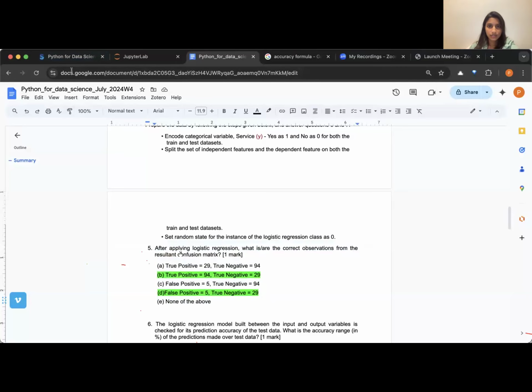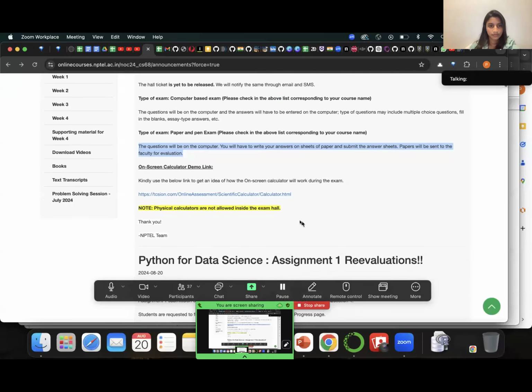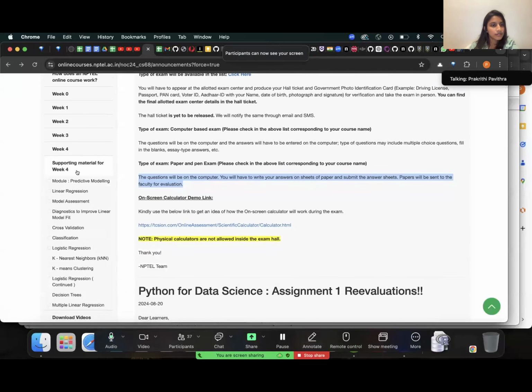I was trying to look for materials to read. Here, you cannot see my screen. There's supporting material for week 4.